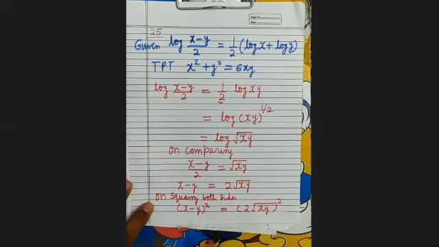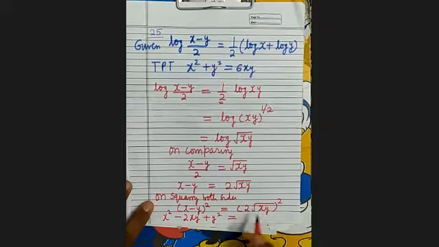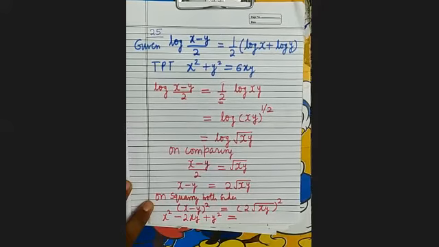What is (x minus y) whole square? x square minus 2xy plus y square. On squaring the right side, what will you get? 4xy.